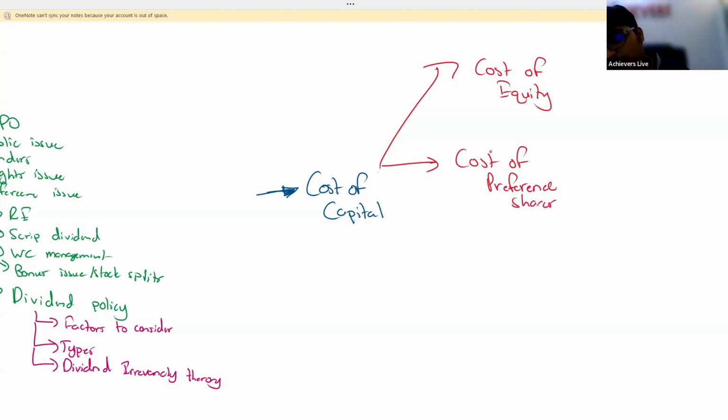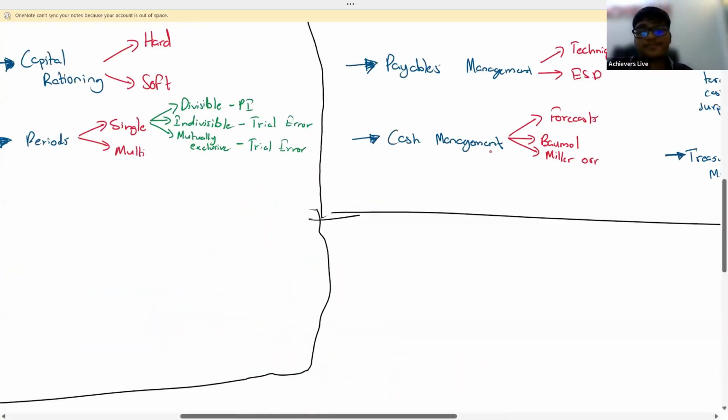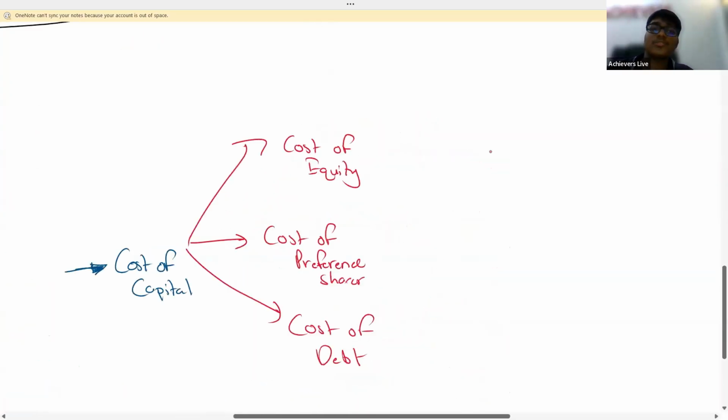Then you have the final one, cost of debt. Okay. So cost of equity. Cost of equity can be calculated.